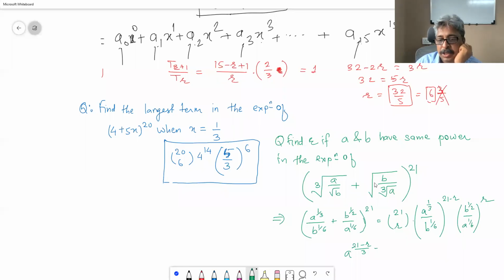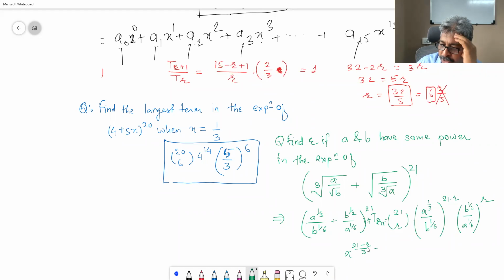Okay, let us write them in index form. a raised to 1/3 b raised to minus 1/2 plus b raised to 1/2 a raised to minus 1/6, raised to 21. The r plus 1 term will be T r plus 1 is equal to 21 choose r into a raised to 1/3 and so on. Now let us find the power of a.